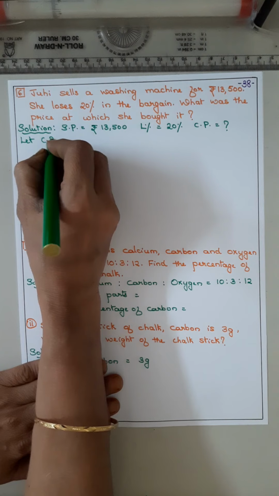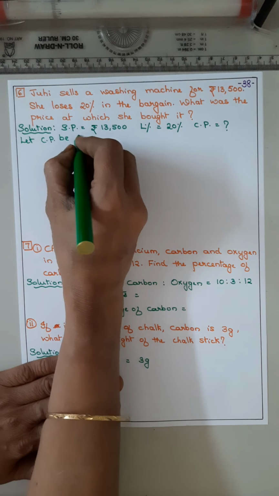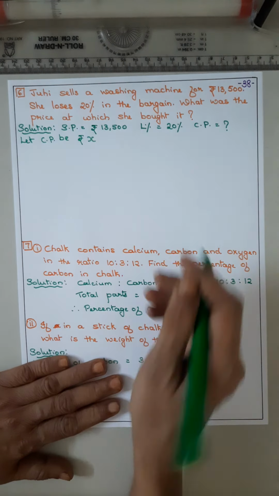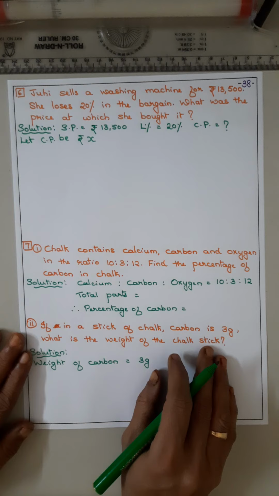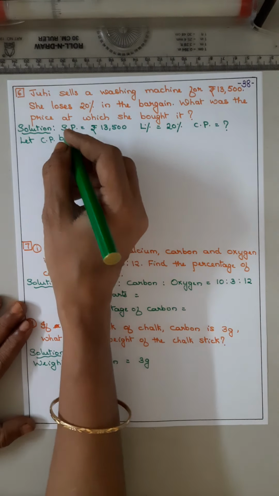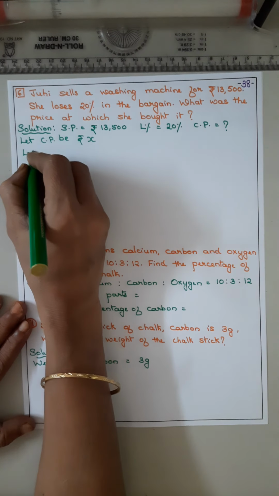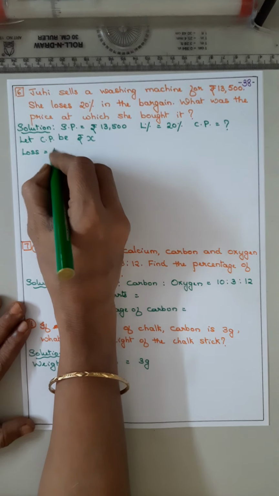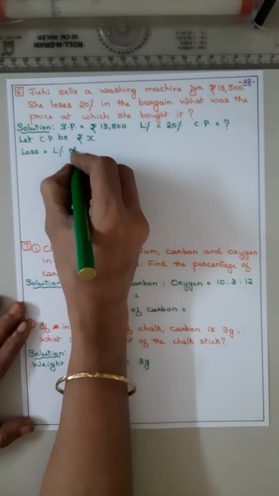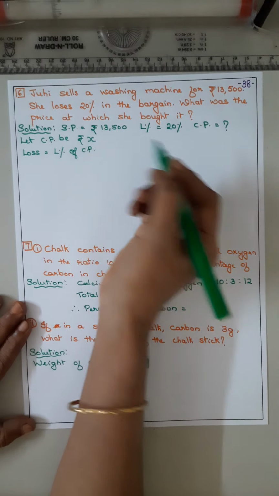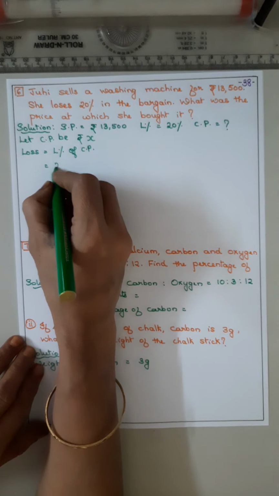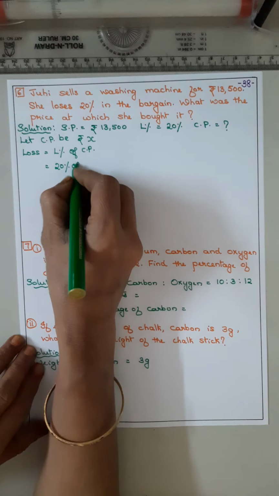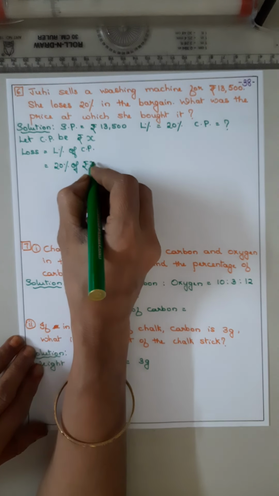Let CP be ₹x. तो CP जब नहीं देते हैं आप लोगों को लेट CP बी x ऐसे लिखने का है. फिर लॉस फाइंड आउट करो. लॉस इज इक्वल टू लॉस परसेंट ऑफ CP. अभी हमें x में मिलेगा, सो इट इज 20% ऑफ ₹x.